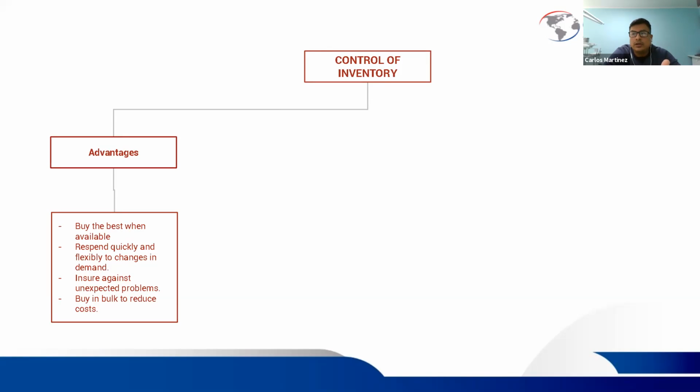Third, we are able to have all the necessary parts and everything at hand in case of unexpected problems. Then, of course, and finally, to buy in bulk always saves you money, because when you buy in bulk, you get a better price.